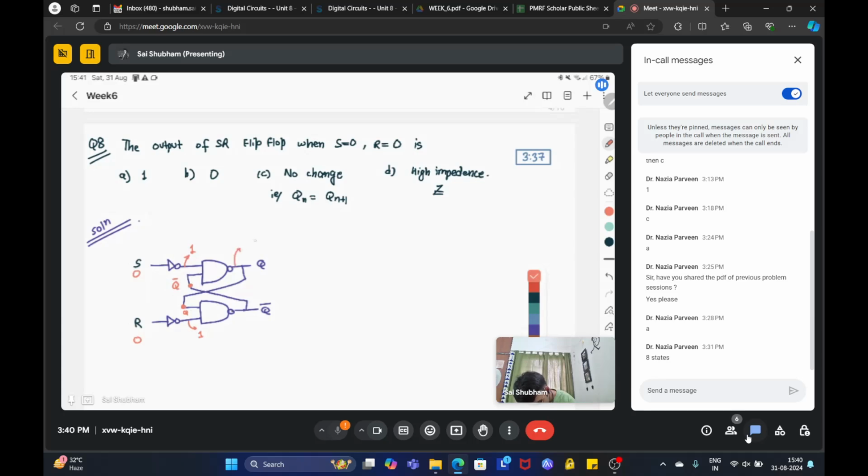Now the output will be 1 into Q bar whole bar, which is Q. And here the output will be Q with 1 whole bar, which will be Q bar. So this acts as a memory, which means that Qn will be Qn plus 1.